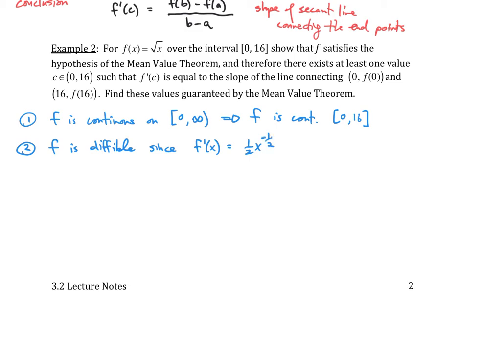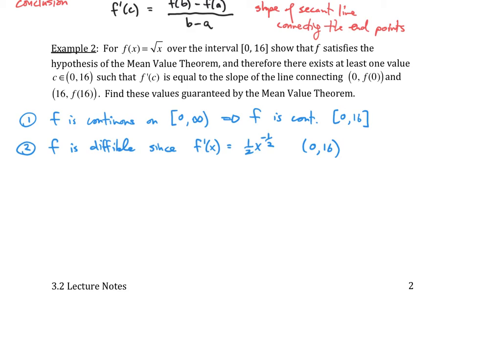So this derivative exists on the open interval from 0 to 16. Of course, this derivative does not exist at 0 because when you plug a 0 into the derivative, you'll have a 0 in the denominator. So I need to put an open interval over here. Regardless, both conditions are satisfied.